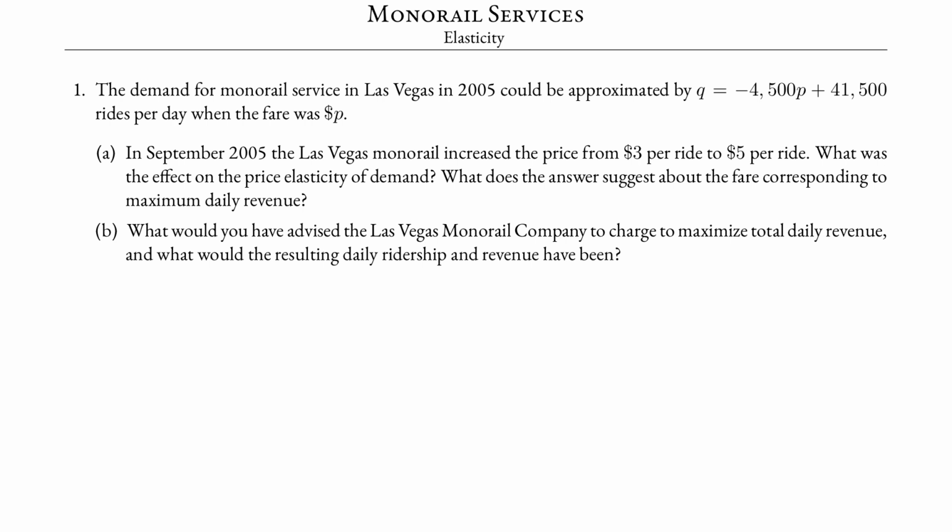For part A, to answer this question, we would need to find the price elasticity of demand E. The price elasticity of the demand E is given by the formula negative dQ/dP times P over Q, where dQ/dP is the derivative of Q, but Q is given.